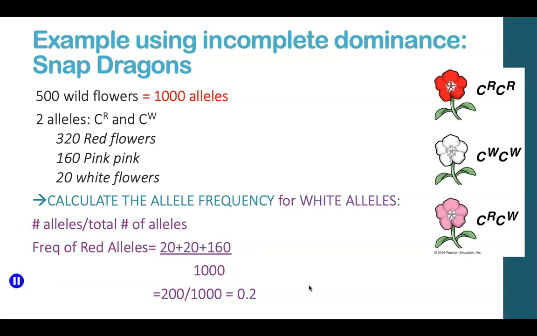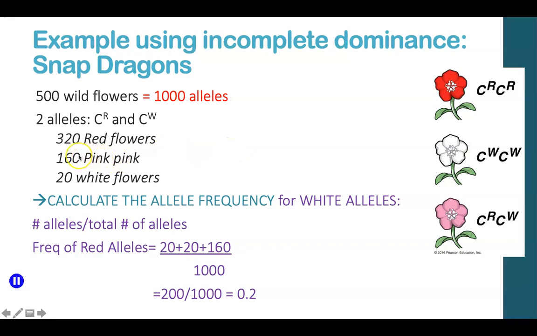So now let's calculate the frequency of the white alleles. So again, our total number of alleles is 1,000. So now we need to determine how many white alleles are present in the population. So keep in mind that each white flower has 2 white alleles. So in our white flowers, we have 20 white alleles plus 20 white alleles. And then in our pink flower, each individual has 1 white allele.